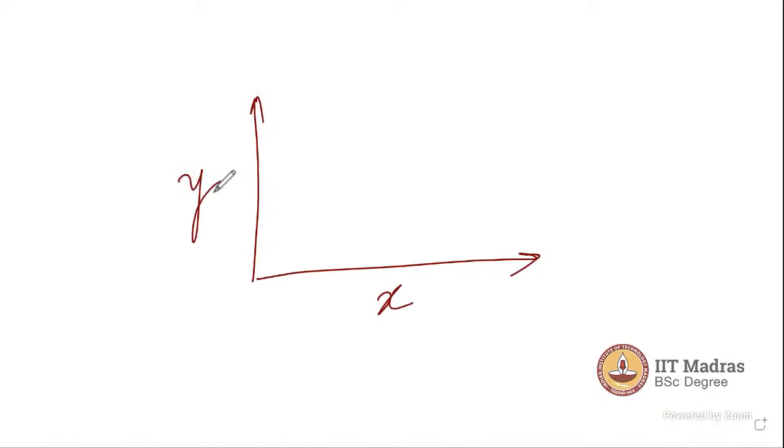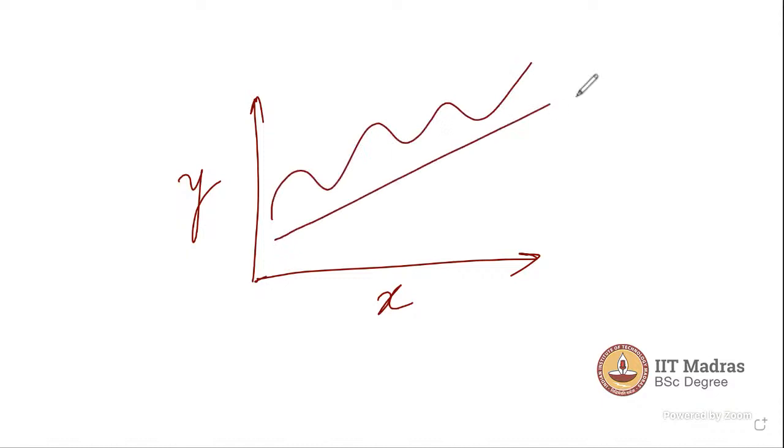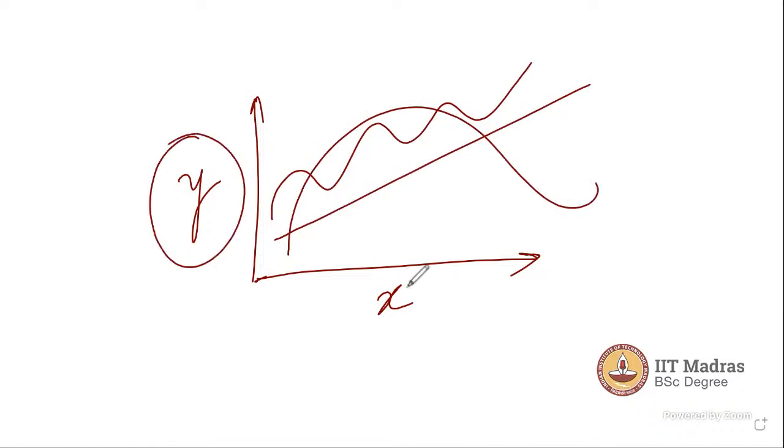Okay, so let's imagine we have this x-axis and there's this y-axis. We have only a single feature, so we need only one axis to represent it. And y could be anything. It could be something like this, it could be something like this. Anything is possible. So this is our label, and this is our single feature.